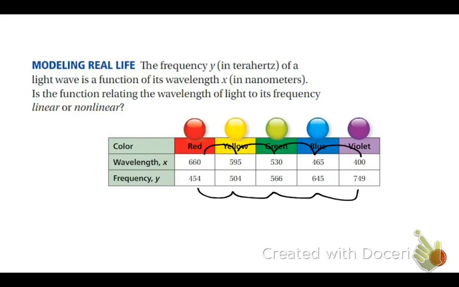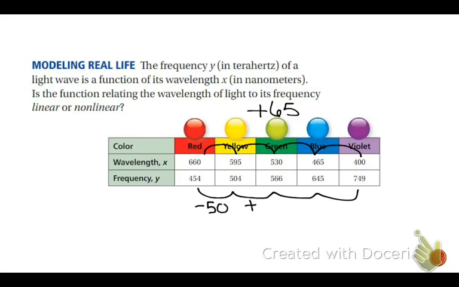Right, did you guys find a pattern with X? All right, what was my pattern? Plus 65. So for each of my X wavelengths, depending on the color, it increased by 65 nanometers. All right, what about my frequencies, though? I subtracted 50 on the first one. Then what happened?